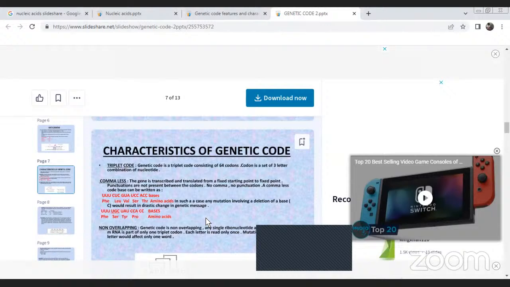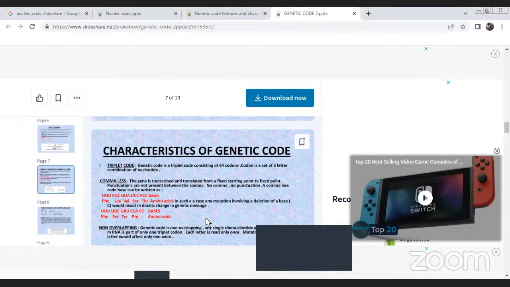What are the characteristics of the genetic code? Comma-less. This is very important. There is no comma. The message is transcribed and translated from a fixed starting point. Punctuation is not present in between the codons.